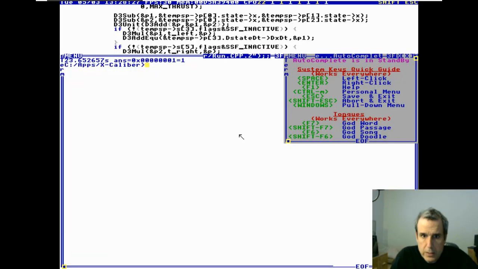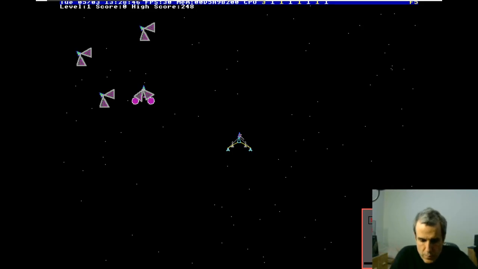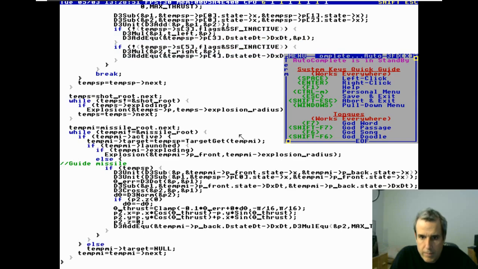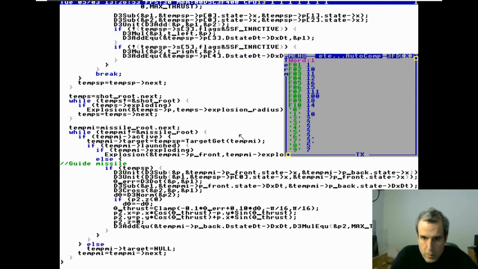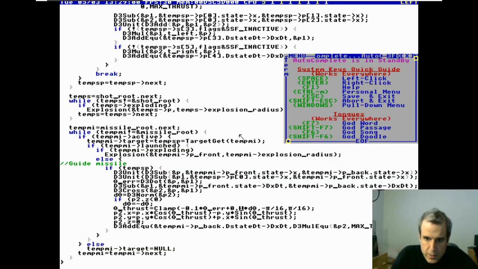Okay, we need some anti-spin. Okay, first of all, do you reverse the dot? That's the cosine. Okay, never mind. Okay, we have too much anti-spin.